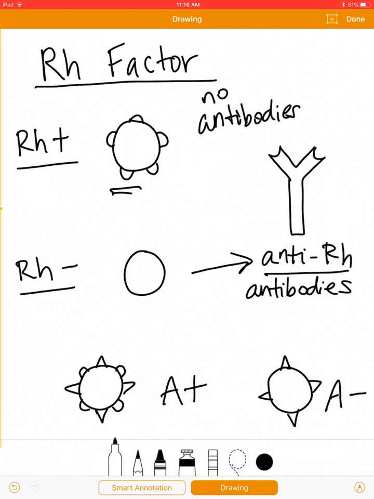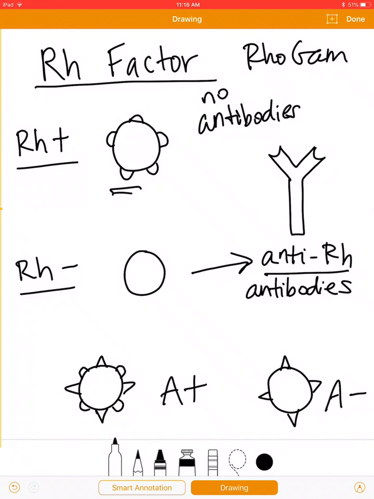So now, thanks to technology, we have what's called a RhoGAM shot that mothers are given that are Rh negative. So like me, for example, I'm type O negative blood type, so I had to receive the RhoGAM shot, just in case my baby was Rh positive, so that I did not produce those anti-Rh antibodies against his red blood cells.